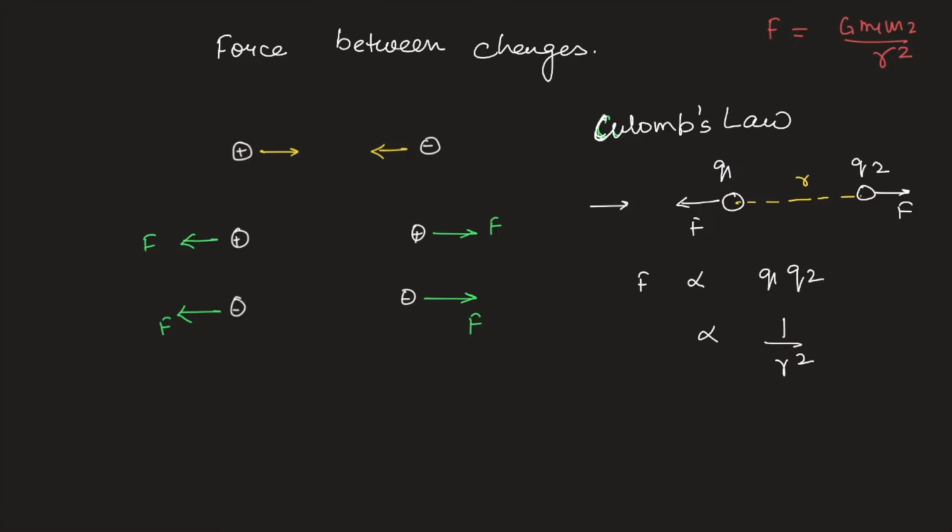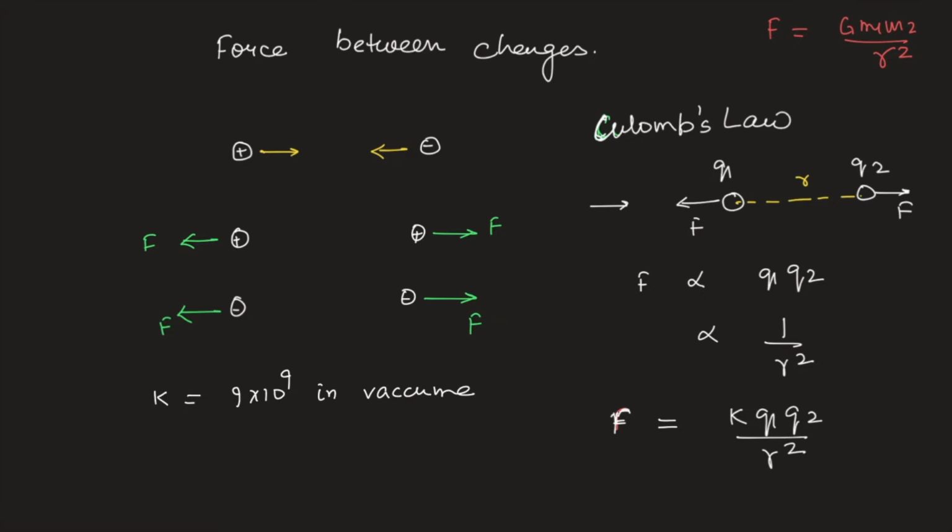And if we write the complete formula of force, let me write this in white. So the complete formula of force is equals to k q1 q2 upon r squared, where k has a value of 9 into 10 to the power of 9 in vacuum.